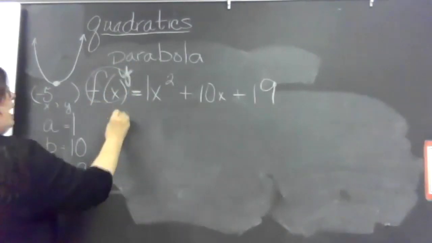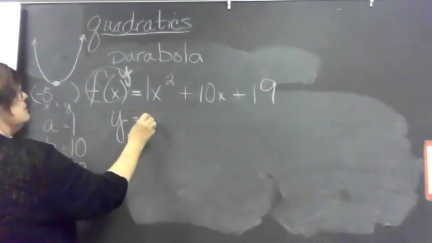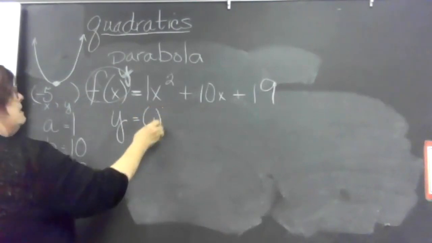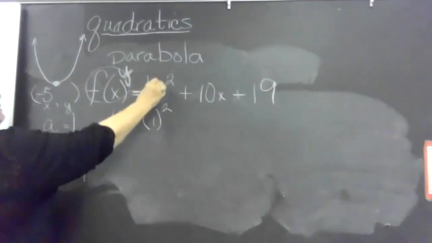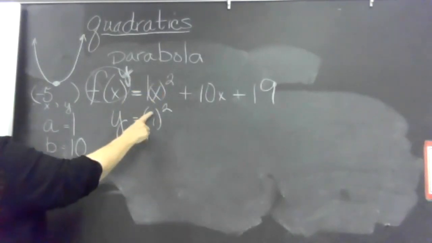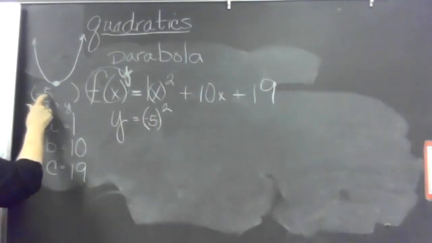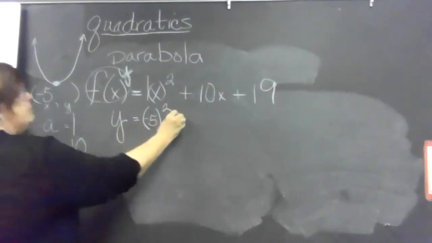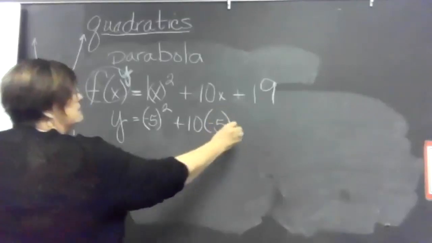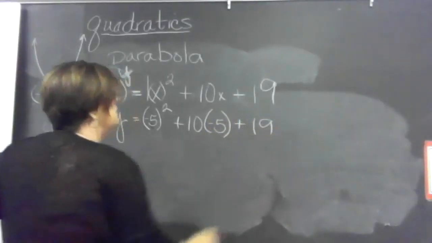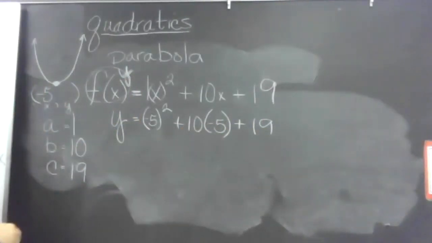So now we have y, this is the y of the vertex, equals 1 squared, no, sorry, negative 5. Negative 5 was our x. Negative 5 squared plus 10 times negative 5 plus 19. So whenever we do our math here, we're going to know what the y coordinate is.